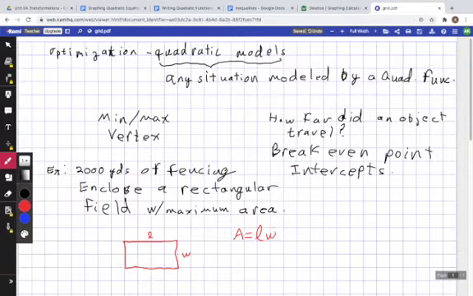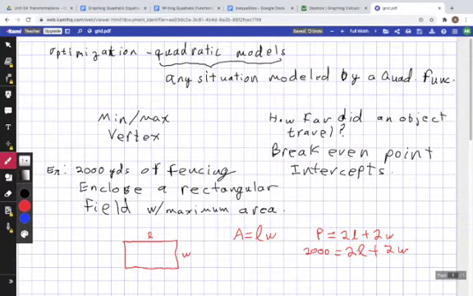To find one of these values in terms of the other is where this 2,000 comes into play. Because we know that the perimeter, which is 2 length plus 2 width, must equal 2,000. So what we have here is 2,000 is equal to twice the length plus twice the width.